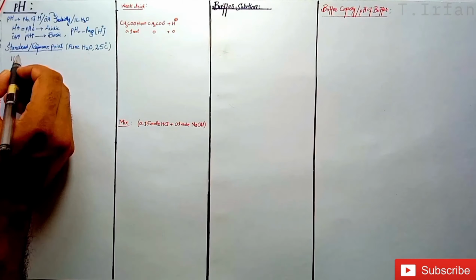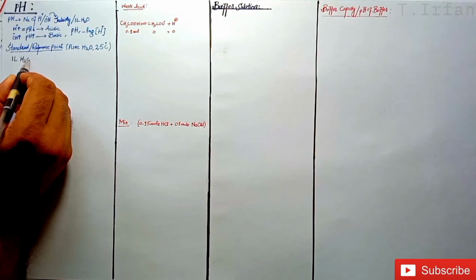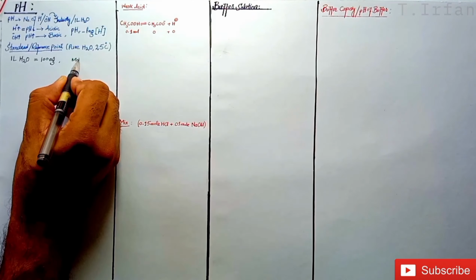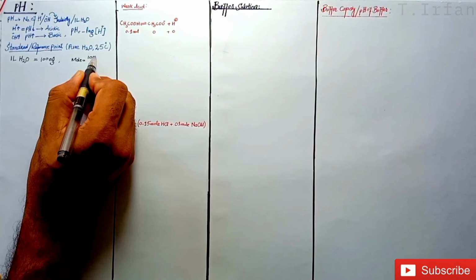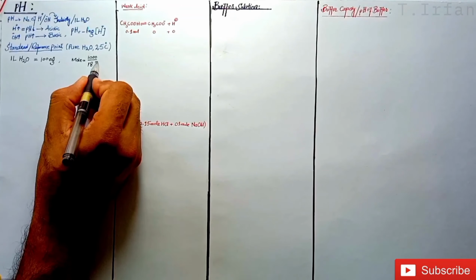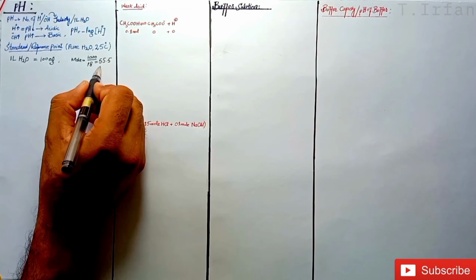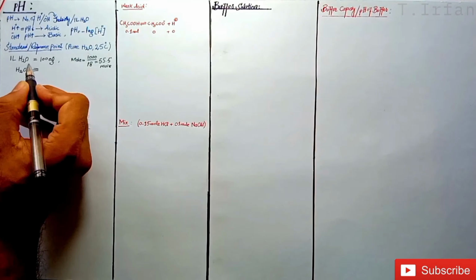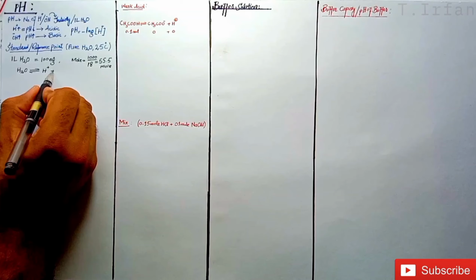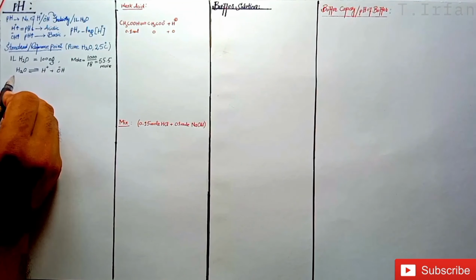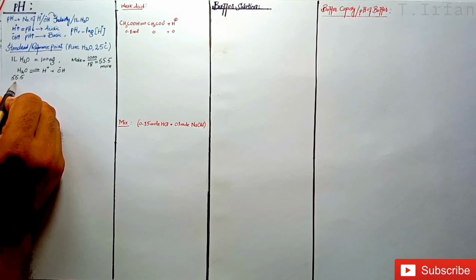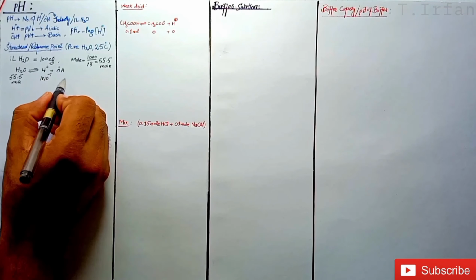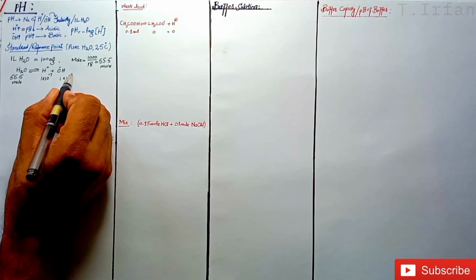Let us calculate the pH of 1 liter of water. 1 liter of water is almost equal to 1000 grams. And 1 liter of water contains 55.5 moles of water, which we can find out by dividing grams by its molecular mass. Water is a weak electrolyte. Out of 55.5 moles of water, only 0.0000001 moles of water dissociate into their ions, which is 10 power minus 7.